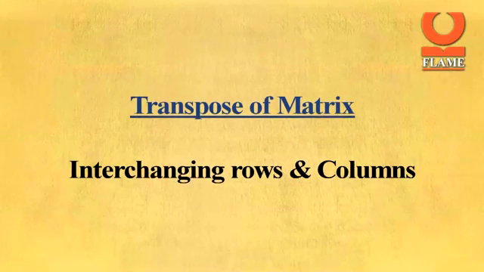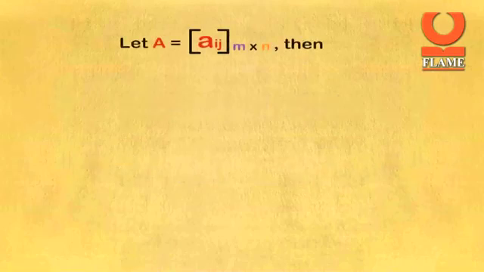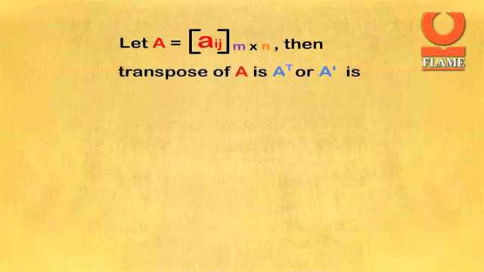Now the transpose of a matrix. In this we interchange rows and columns. For example, let A is equal to Aij, m into n, then transpose of A is represented by A to the power t or A dash.